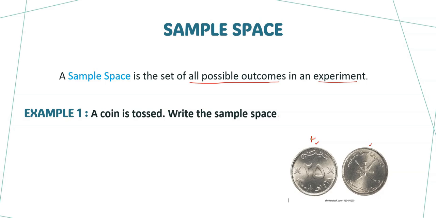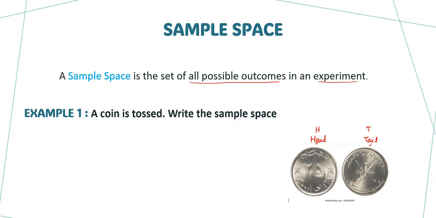Let's call the side on which we get the number head and the side on which we get the picture or image tail. In short, we will write H or T. So what is possible? When we toss a coin, either we get the number side or we get the tail side. So these are the only two possibilities.